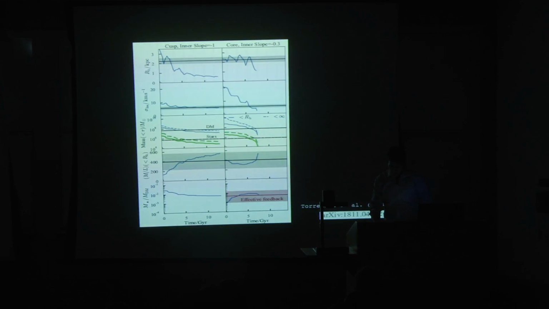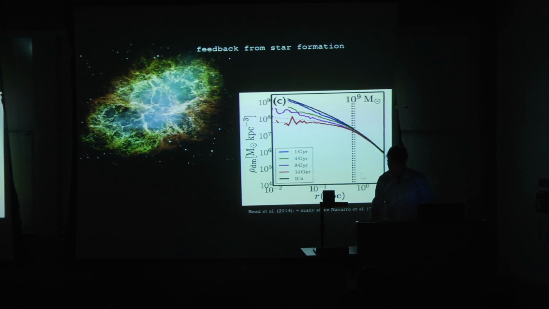The other astrophysical complication is, well, these things have formed stars, and the process of star formation releases energy, some of which can be deposited into the dark matter halo and achieve structural transformation of the dark matter halo. So this is a relatively well-studied process now. The easiest way to think about it is stars form, the most massive of those, almost instantaneously for astronomical purposes, explode as supernovae.